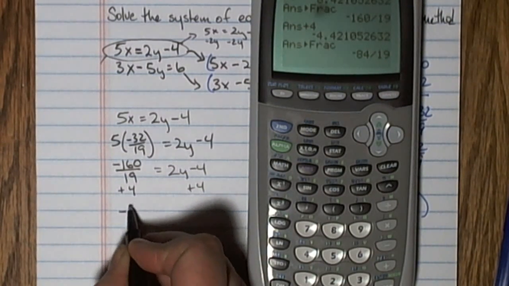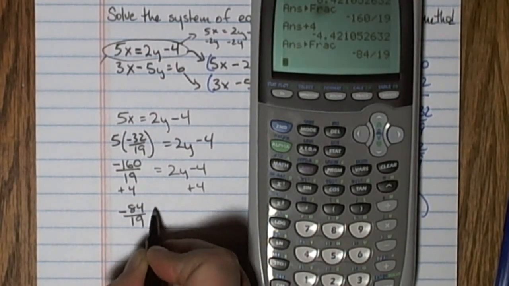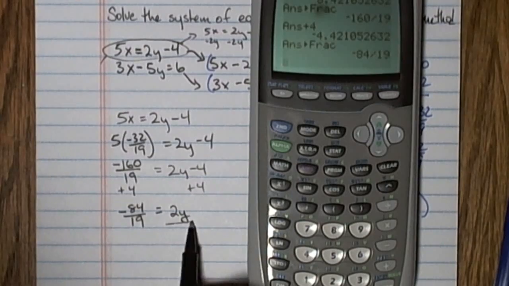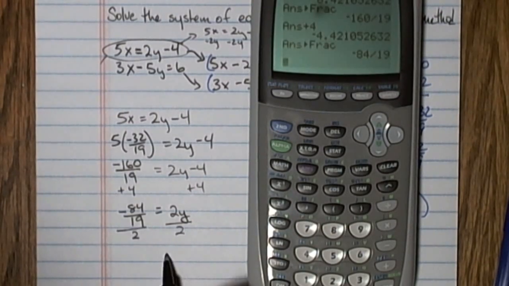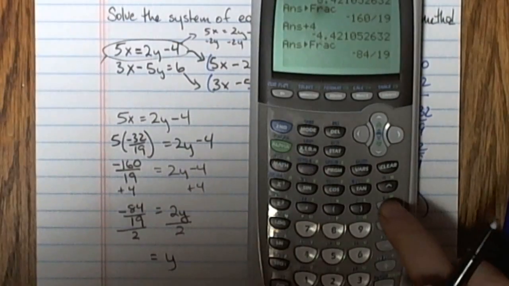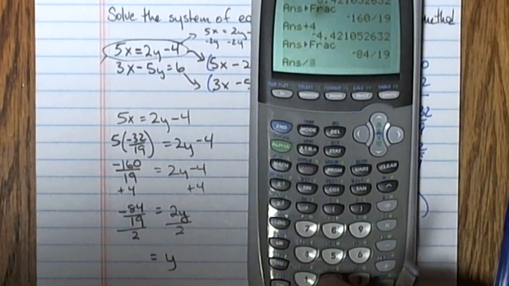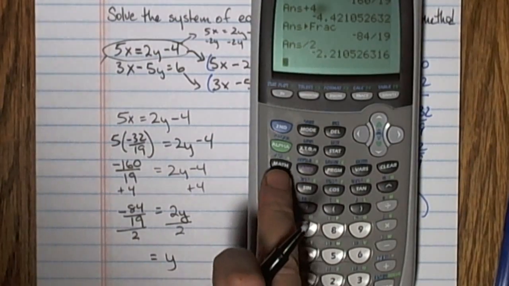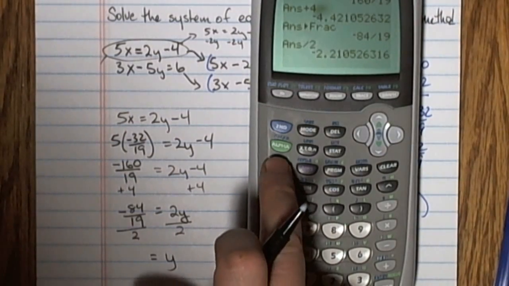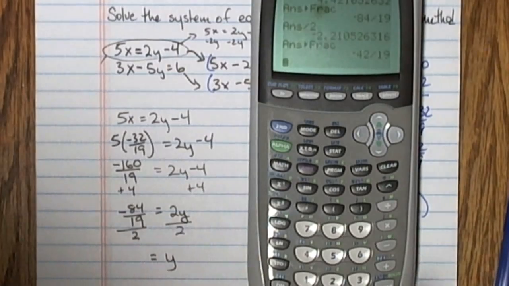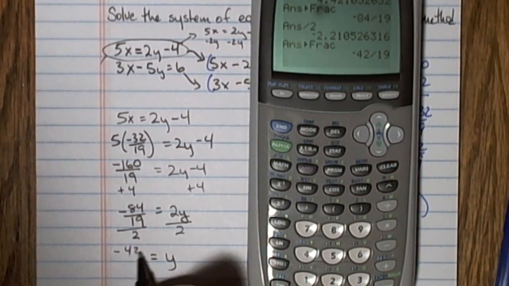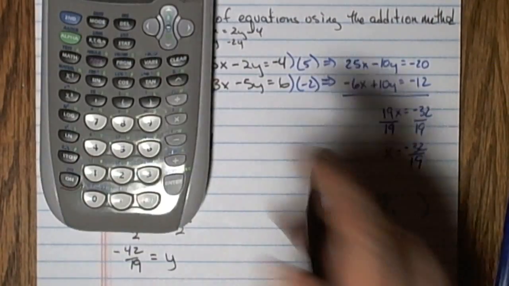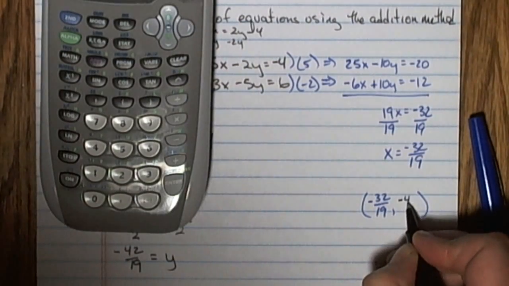So I have negative 84/19 equals 2y. My last step is to divide both sides by 2 to get my value for y. I push divide by 2. Again, I have the decimal form, and I want the exact fractional form, so I go to math, change to fraction. Negative 42/19. So now I have my y value, negative 42/19.